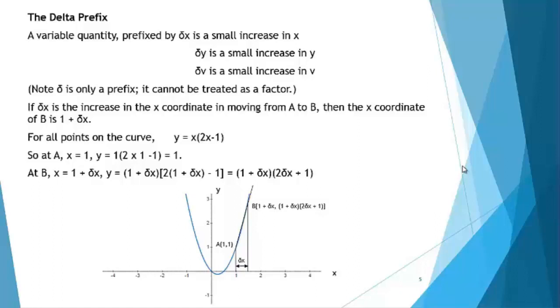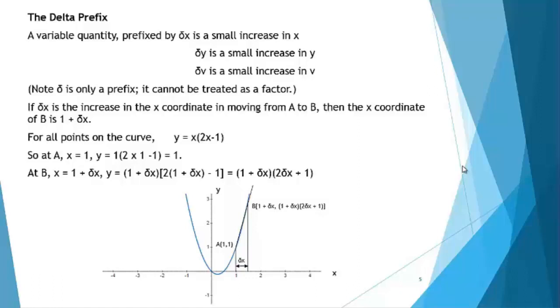For all points of the curve, y equals x bracket 2x take away 1. So at a, x equals 1, and by substituting x equals 1 in the equation y equals x bracket 2x take away 1, we get the y coordinate at a, which is y equals 1.